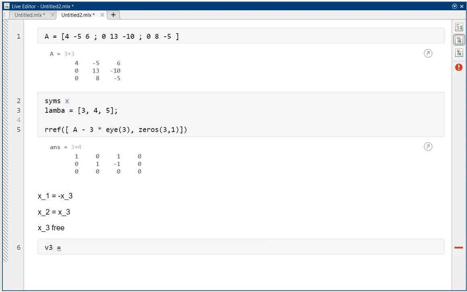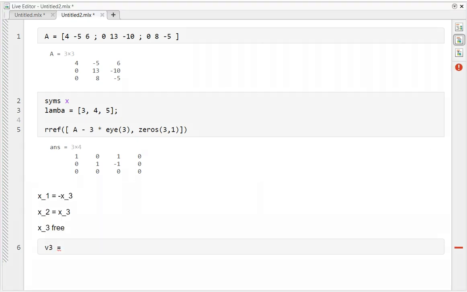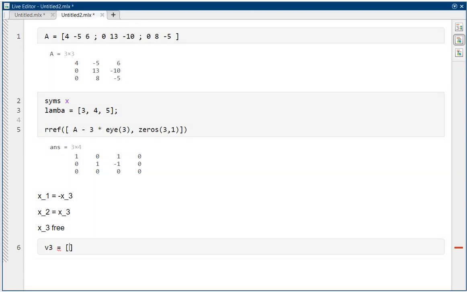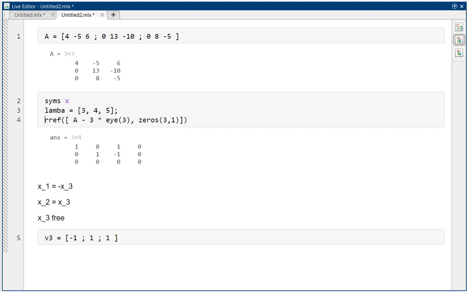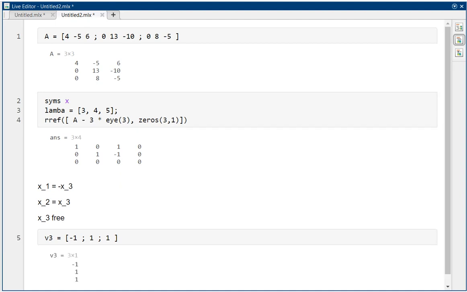I'm thinking of it as a V with a subscript 3 to correspond to the eigenvalue of 3. And what does it need to be? Well, x sub 1 needs to be the opposite sign, x sub 2 is equal, and then x sub 3 is free. So this is what I believe is the correct eigenvector. And I'm trying to save some space so everything can be seen. Let me get rid of this stuff.